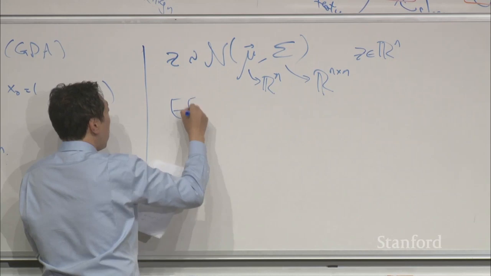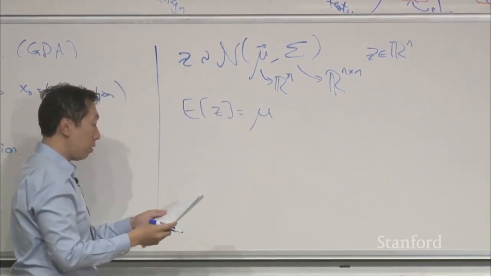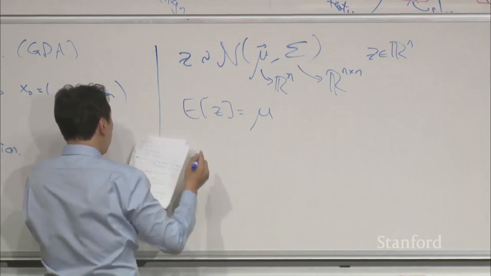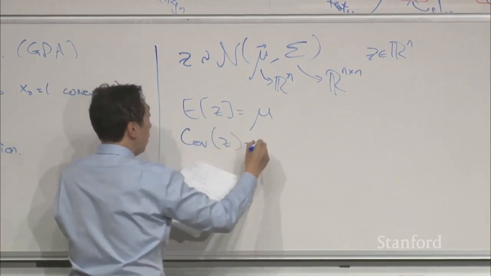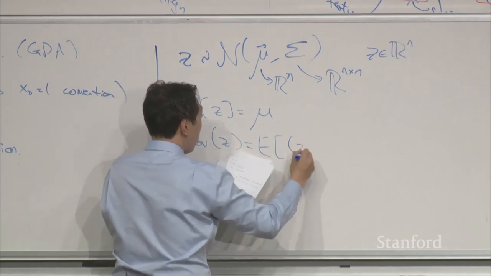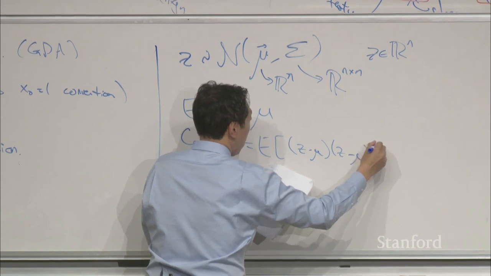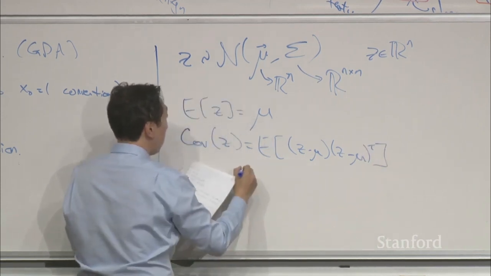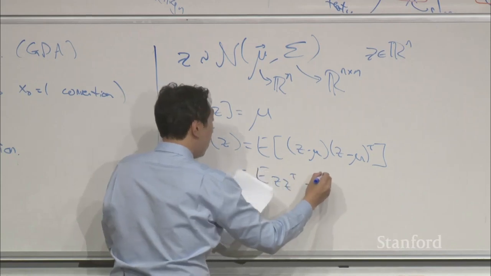And the expected value of Z is equal to the mean, and the covariance of Z, well, if you're familiar with multivariate covariances, this is the formula. And this simplifies. We show it in the lecture notes.